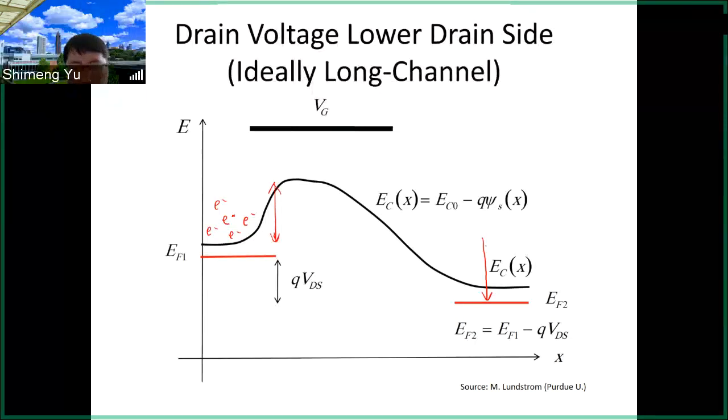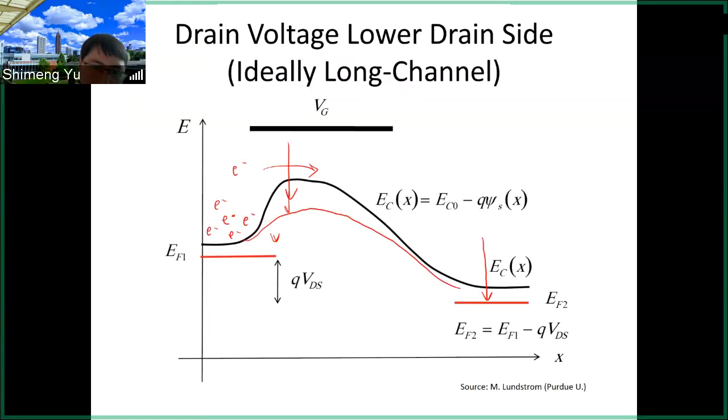Even though you have drain voltage, the electrons that are over the barrier are limited. But now if you apply the gate voltage, then we push down the band. You have more electrons that can move over. Then you will have the drain current.